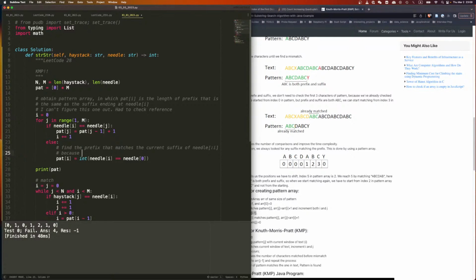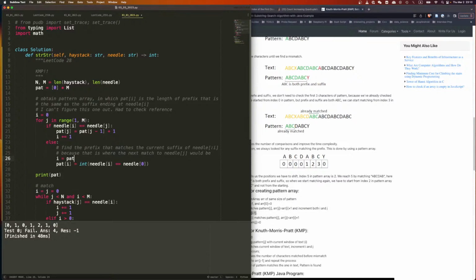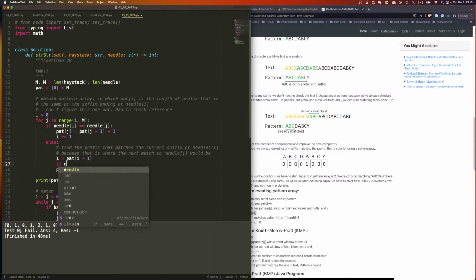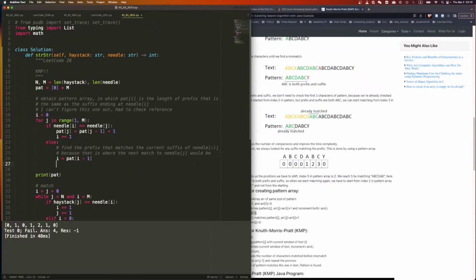Because that is where the next match to needle J would be. I shall equal to pattern I minus 1. Right, and then we check again. So if needle, then we can just do this, right?